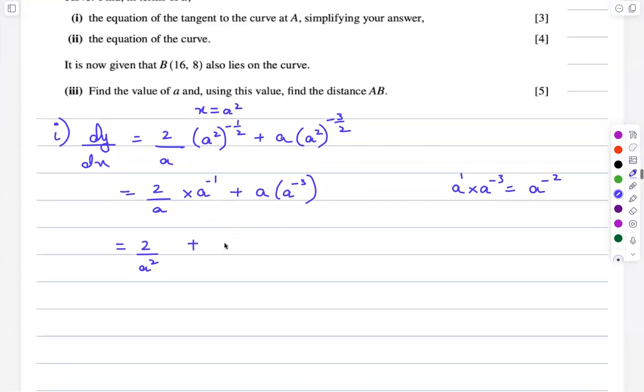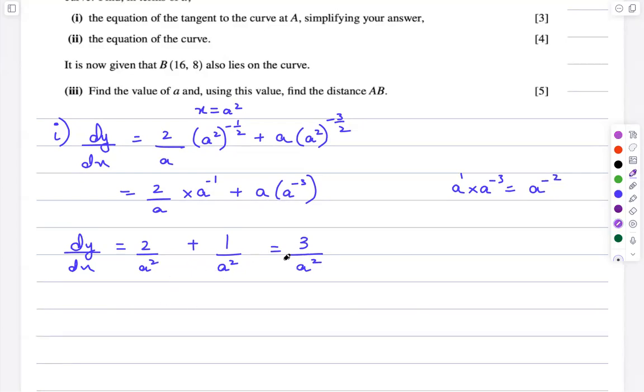So we can write this as 1 upon a². So dy/dx is given by 2/a² + 1/a². We can simplify to write it as 3/a², as a² is a common denominator.